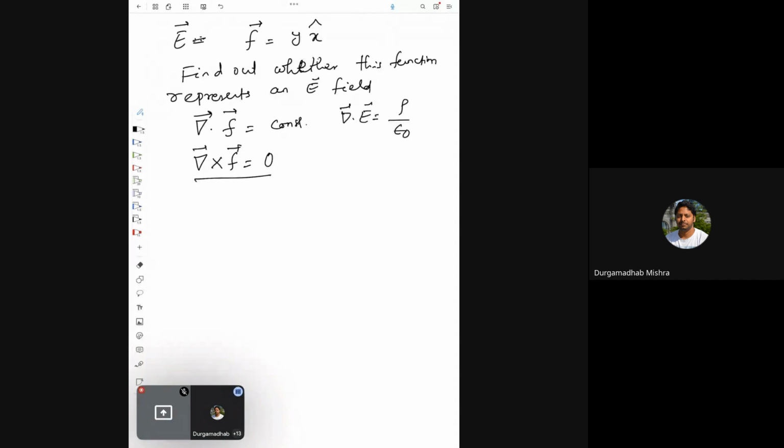But the curl of the vector has to be 0. This is a necessary condition for a function to be called an electric field. So if you find the curl of this vector, for example in this case, and it is not 0, it can never represent an electric field. So sometimes this is also asked. You simply find del dot F and curl of F, and if curl of F is 0, you could say this is a possible electric field.